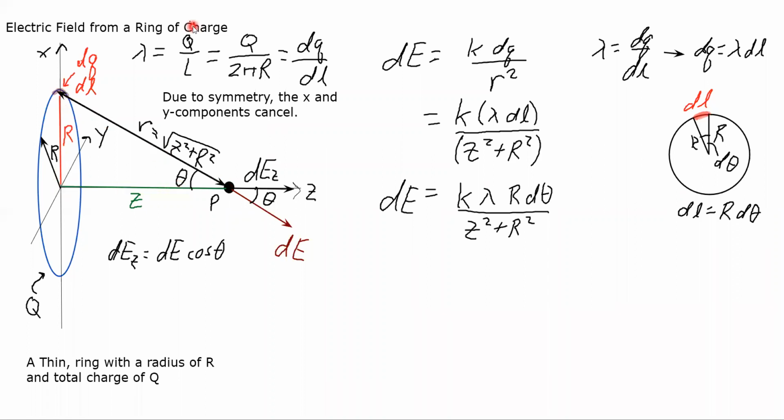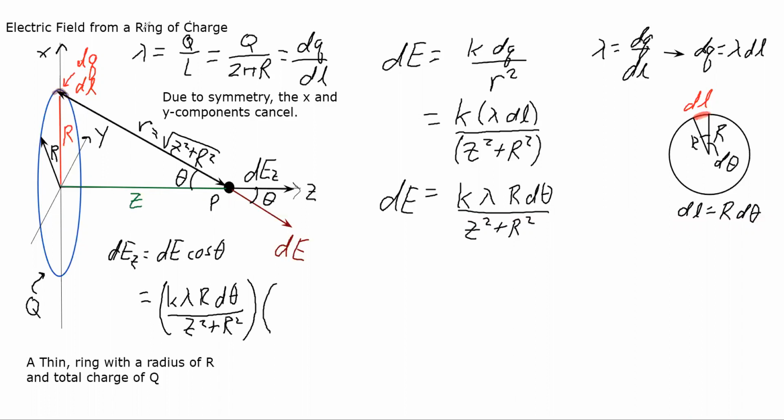Okay, so let me plug in what we know. So dEz, here's our dE, k lambda R dθ over Z squared plus R squared. And cosine theta, what's cosine theta? Now, there's a couple of ways I could think about this. Let me do it this way.